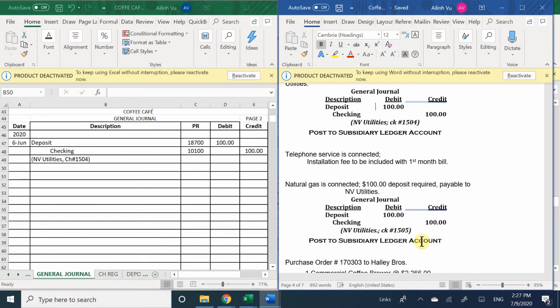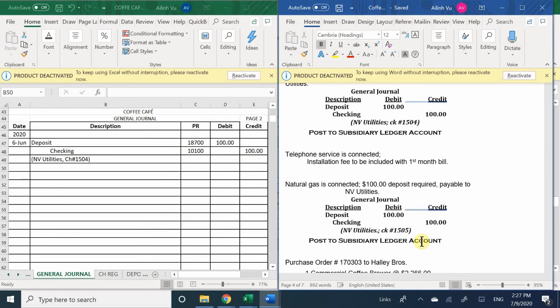Okay. Natural gas is connected. $100 deposit is required, payable to NV Utilities. Okay. So what I've noticed is there are often differences between gas and water and your electricity bill. Sometimes you may pay them separately, sometimes together, sometimes every month or every other month. It just depends.